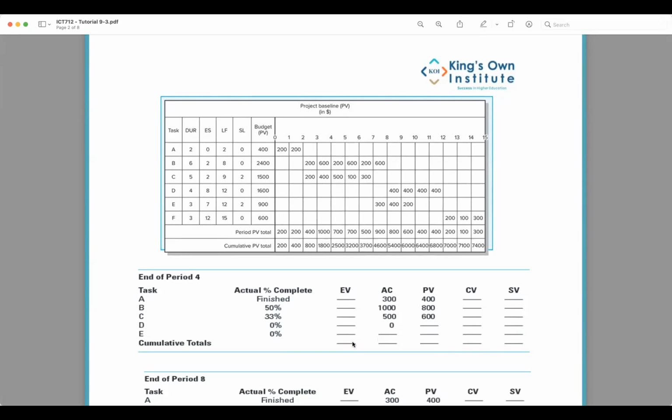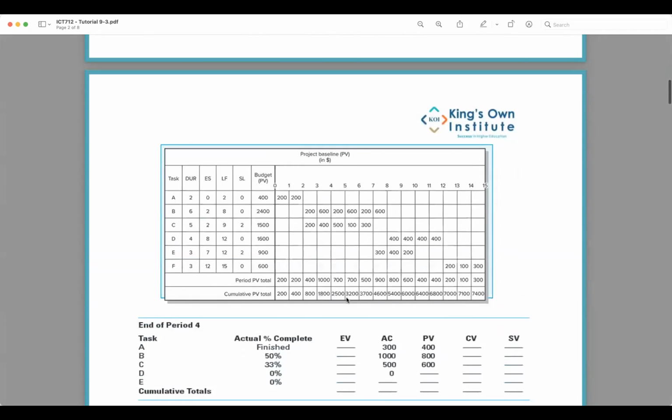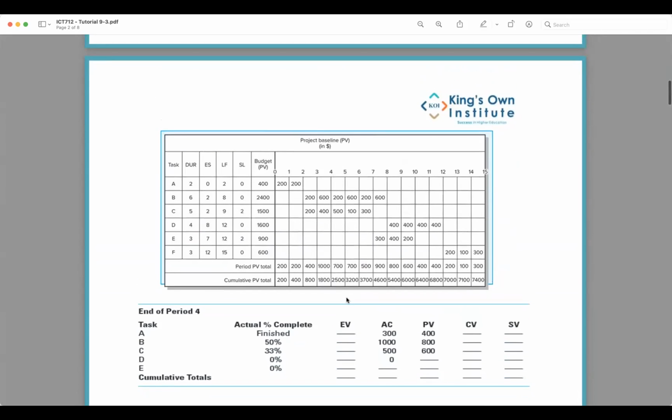For earned value, yeah. 5,105. Okay, so let's look at that for a second. Okay, because I think it's actually much less than that.